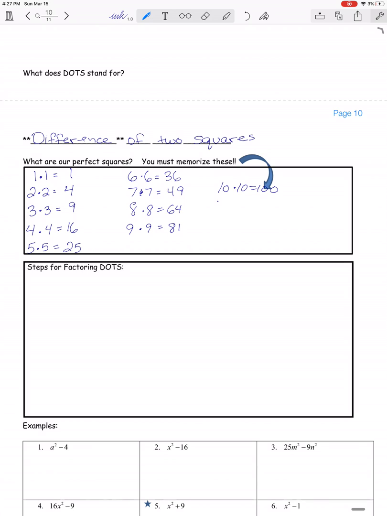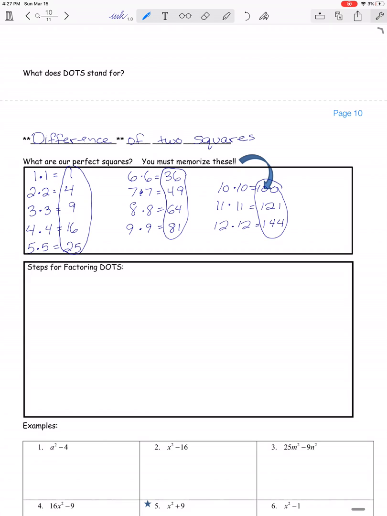So let's write these all down. Okay, so here are your perfect squares. Your perfect squares are the numbers that I'm circling, the answers you get when you multiply a number by itself. You do have to memorize these perfect squares. It's definitely going to make your life a little bit easier as we go along.